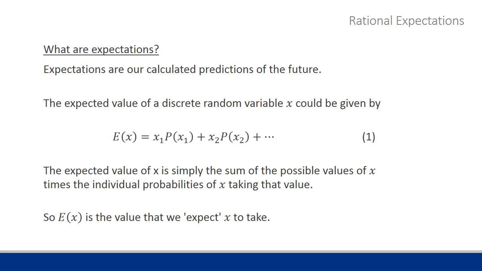We might enter a game that we feel is fair if the expected value is equal to or greater than the cost of entering the game. So E of x is simply the value we expect x to take.